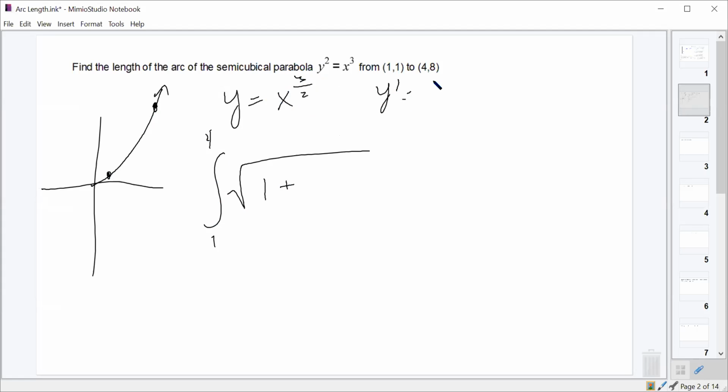It ought to be 3/2 x to the 1/2, or 3 root x over 2. And if I were to square that, that's what's got to go in here. What's y prime squared? That ought to be 9x over 4. Everybody good with that?